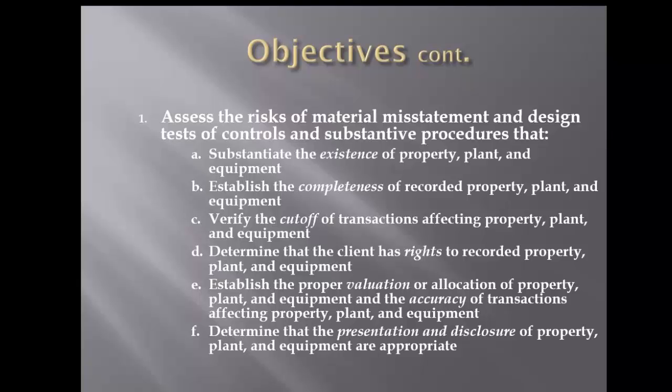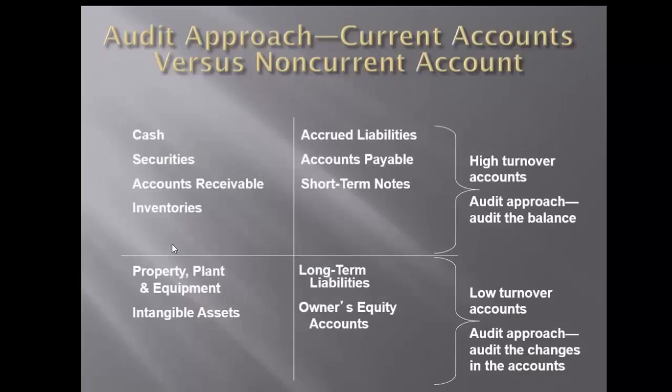When you think about valuation, especially in a cost mechanism, what we're really looking at is, are we valuing the assets appropriately? And how do we do this? Well, we're doing this by managing the allowance for doubtful accounts. Presentation and disclosure is really talking about the notes related to the financial statements.